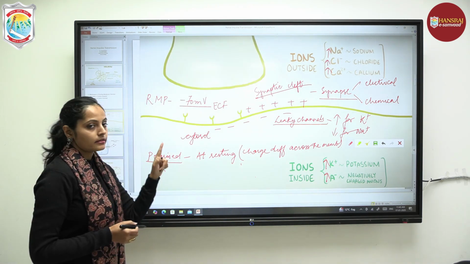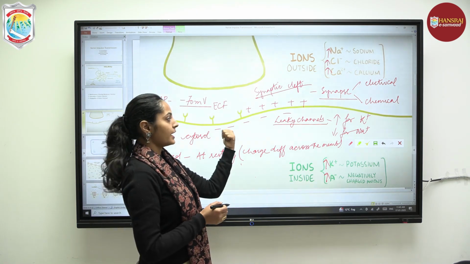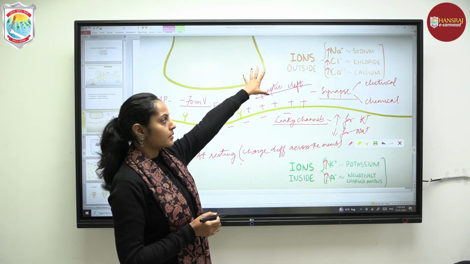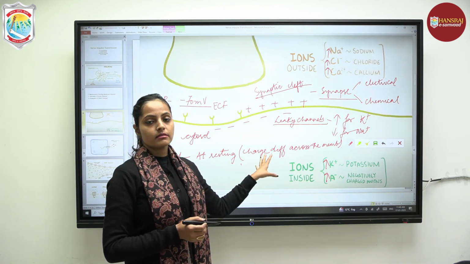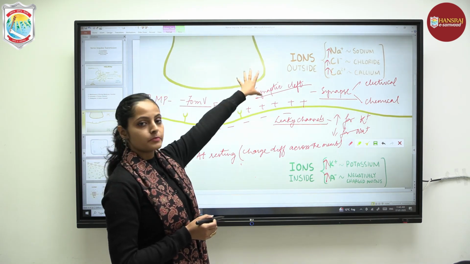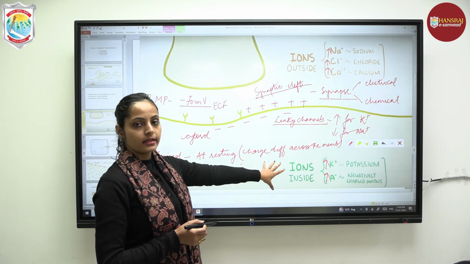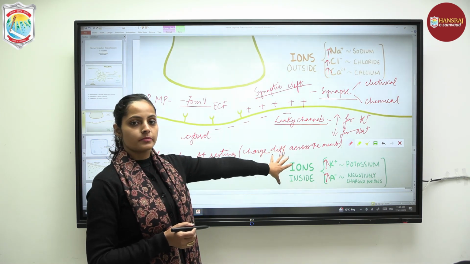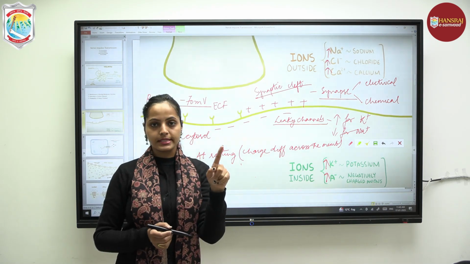So the one factor which was contributing for the inside to be negative was the charge difference: higher sodium outside, less sodium inside, higher potassium inside, less potassium outside, more anions inside which are negatively charged, and non-diffusible molecules inside. That was the one reason.